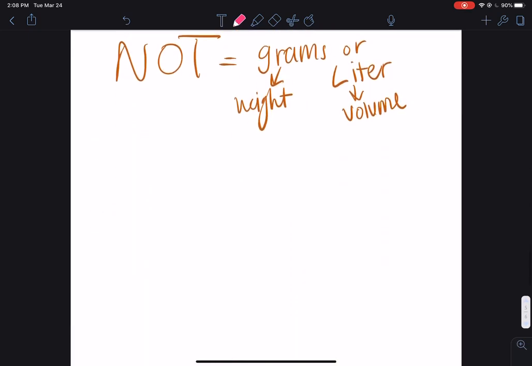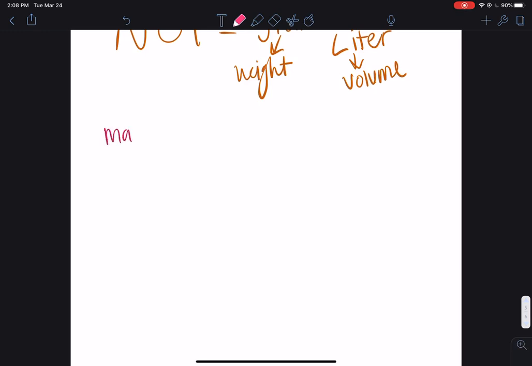Let me write it down here. Say I give you mass of substance A, and I'm asking you how much mass of B will either be used or formed, depending on if I'm talking about reactants or products. I can't use the coefficients to go straight from mass of A to mass of B. There's no clear, direct path.